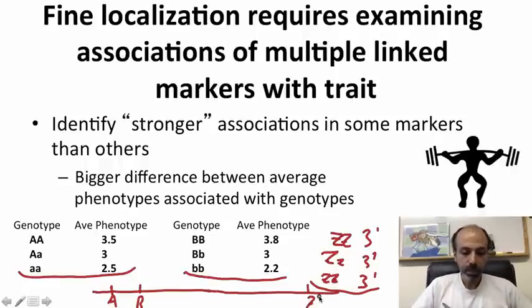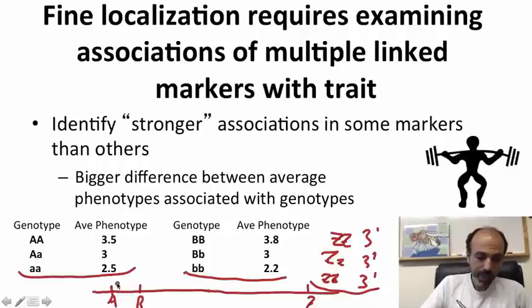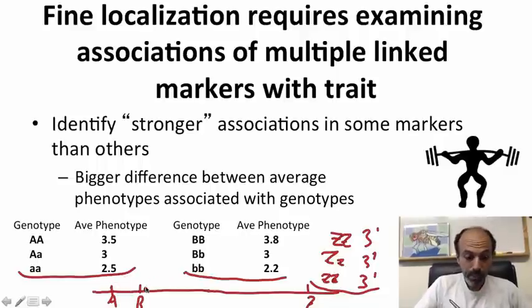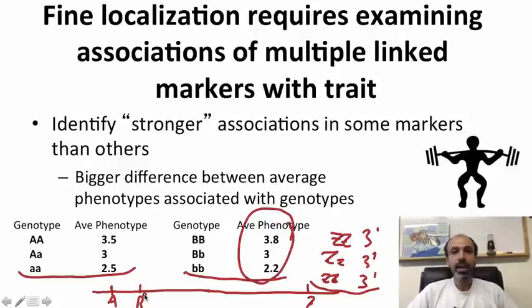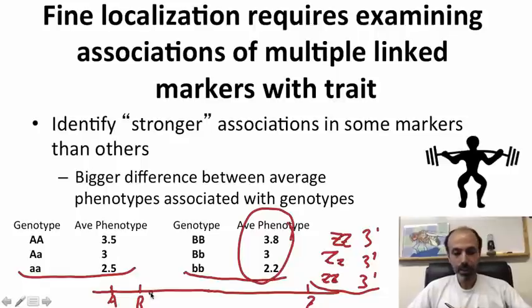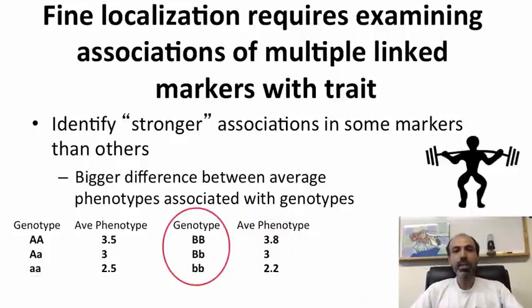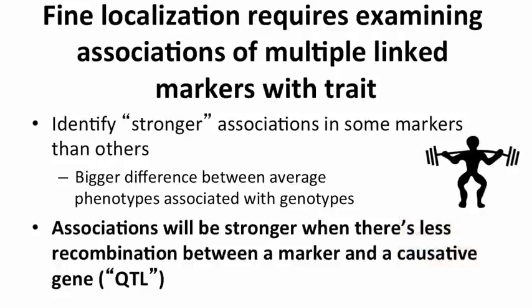Okay? If we see this and we say, okay, A has a weak association, B has a stronger association, right? Because we see this bigger average difference. We might infer that the gene causing this difference in height is probably closer to B than it is to A. Okay, so essentially we want to focus in near this marker B. Now again, association will be stronger if there's less recombination between a marker and the causative gene, or the QTL.